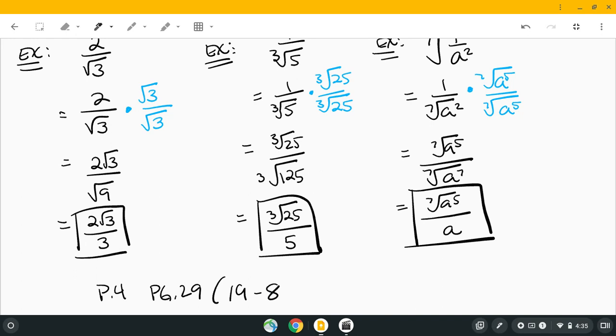And you can try out 19 through 89 odd. Again, no need to do all of it, but definitely try a few from each section to make sure that you can do all of those different types of problems. And then just focus on doing the full set of each section that you feel like you're struggling with.